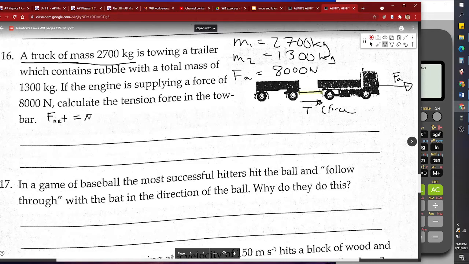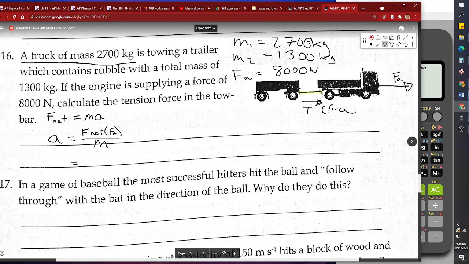And we know that net force causes an acceleration. So if we rearrange this, the net force, or the applied force of the engine, is divided by the total mass.